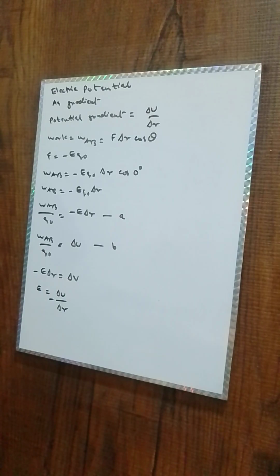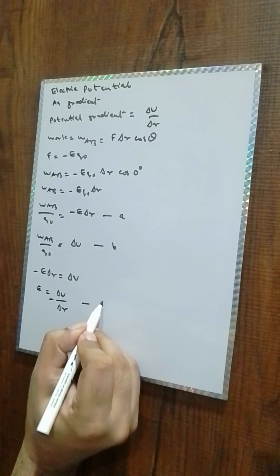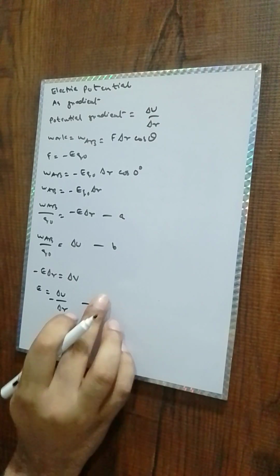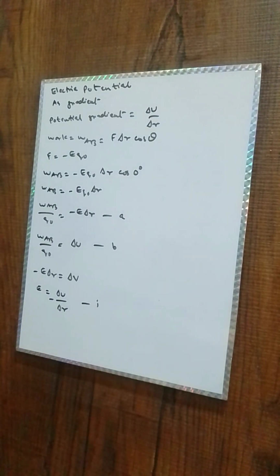Potential difference by differential distance is the electric field as a gradient. So this is what we establish in this kind of situation.